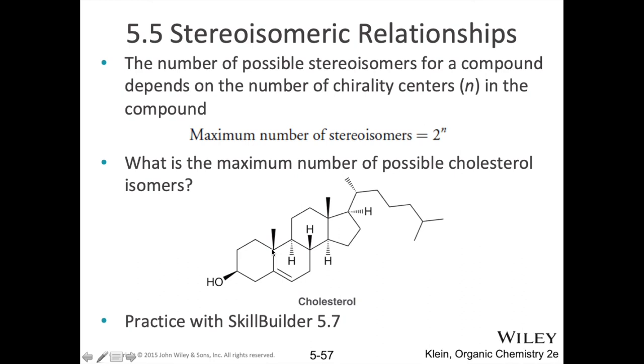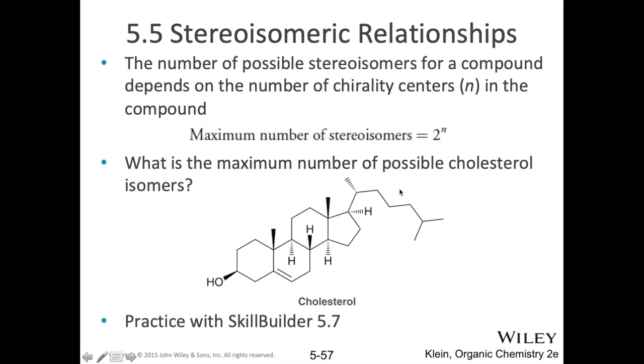So that's the second chiral center. This is a chiral center. You can again see the three different pathways and the hydrogen. This is a fourth chiral center, fifth one, sixth one, a seventh one, and an eighth one.